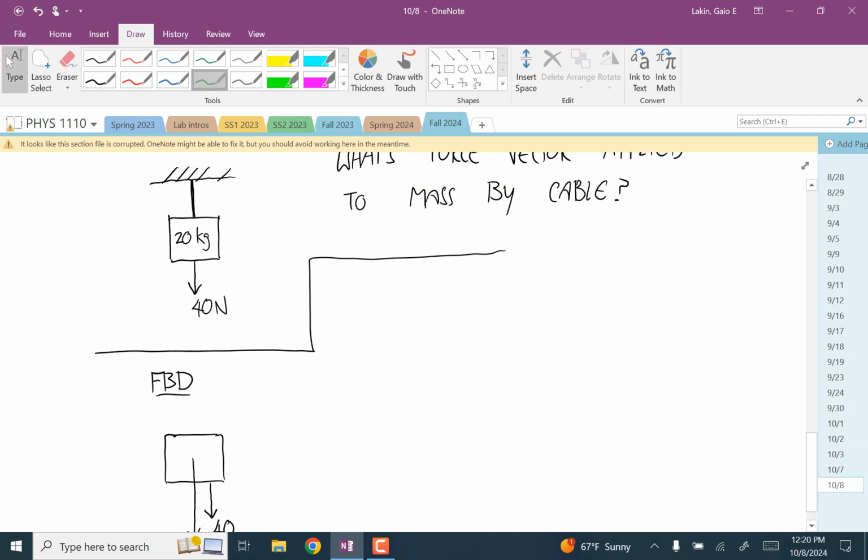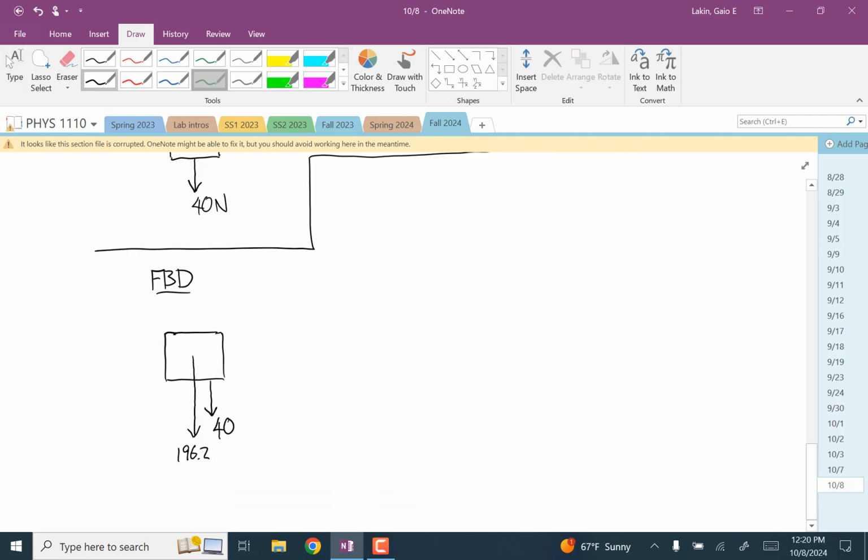And then if we go around the boundary, the only other place where our boundary makes contact with the surroundings is at the cable. And so that force is away from the body, parallel to the cable. So those are all the forces that are going to go into the left side of Newton's second law.